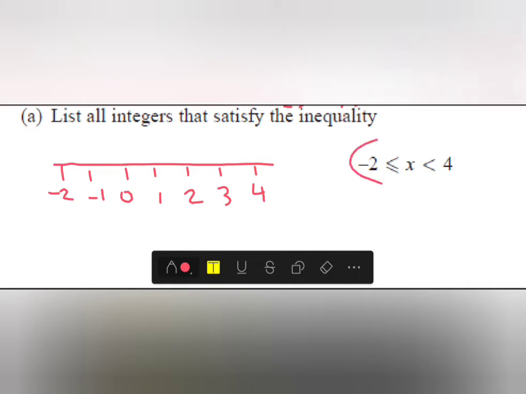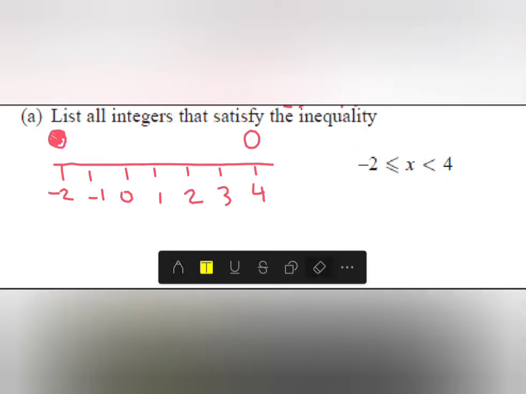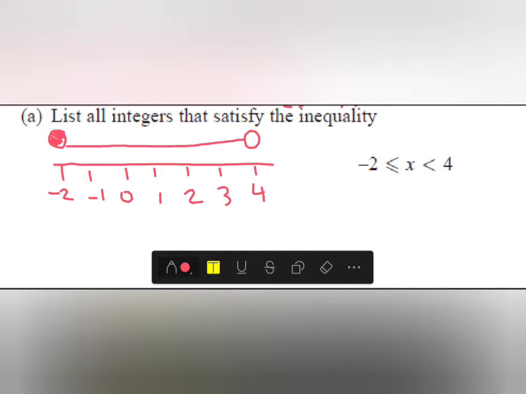Now here you can see that negative 2 has a circle on it, and this circle is shaded because there's an equal sign here. Very good. And then this number here has a circle too, which is 4, but it's not shaded because we don't have an equal sign here. Okay, so because I don't have an equal sign, I don't shade. If I have an equal sign, I shade the circle, and then the circles are connected with a line.